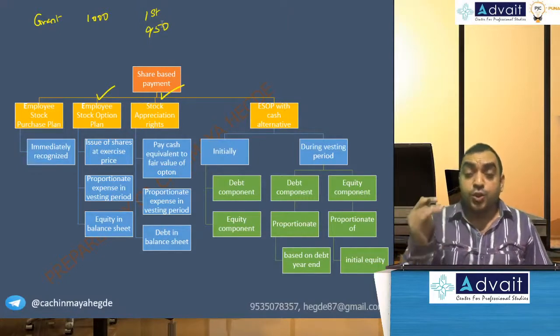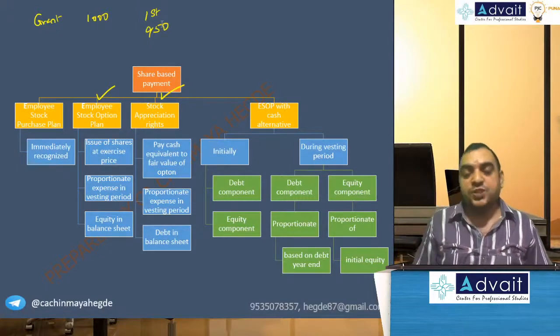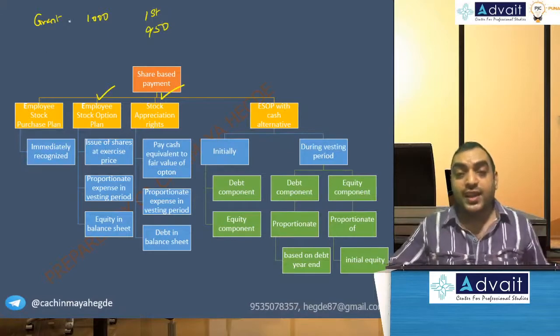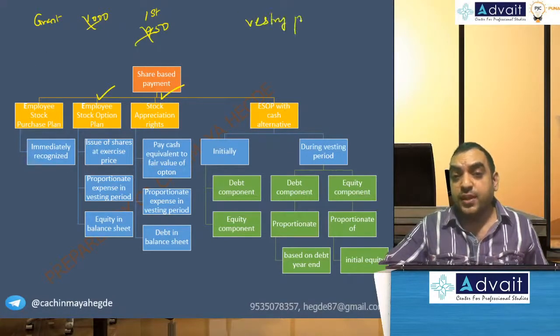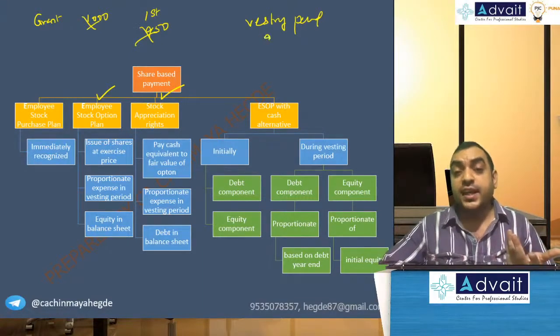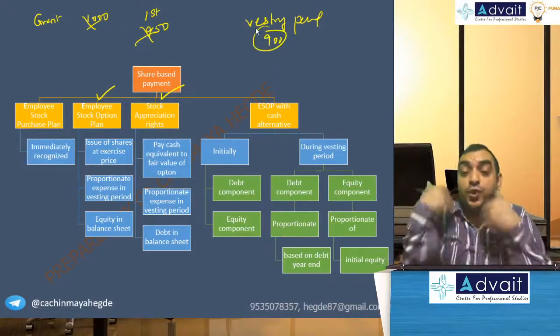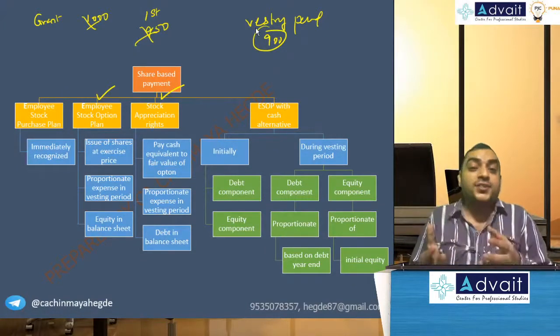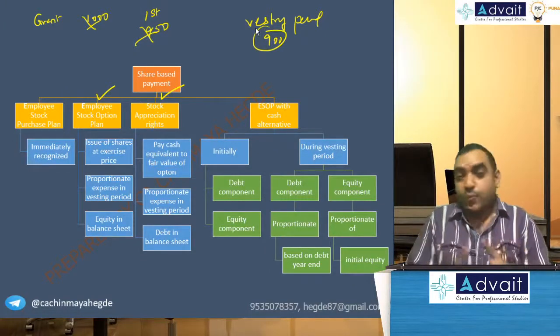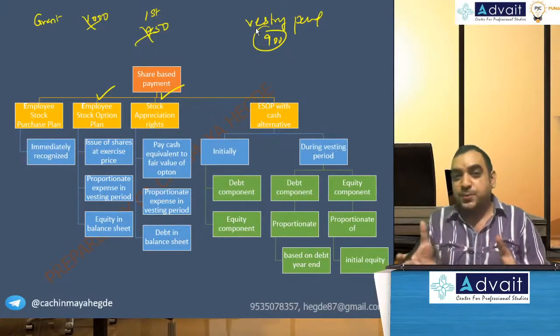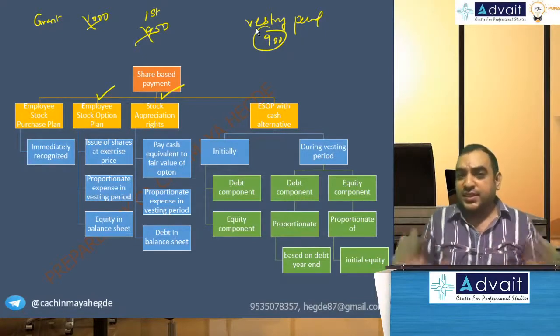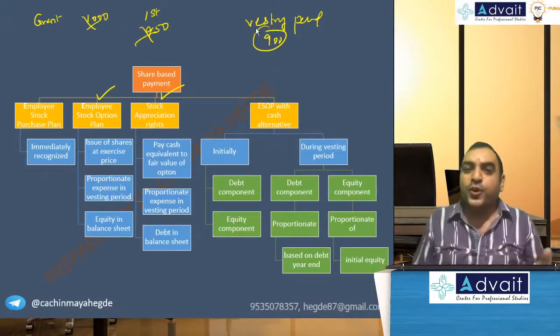How many employees are expected to satisfy the condition means we will not take 1,000, we will not take 950. At the end of the vesting period, how many of our employees are there? Let's say 900, and we don't know the future. Only an astrologer knows the future, but we can't ask him such things. So what do we do?